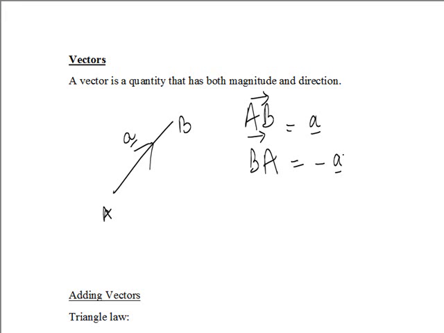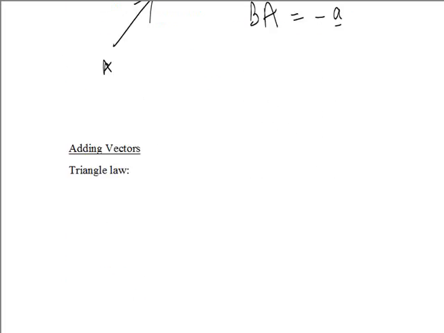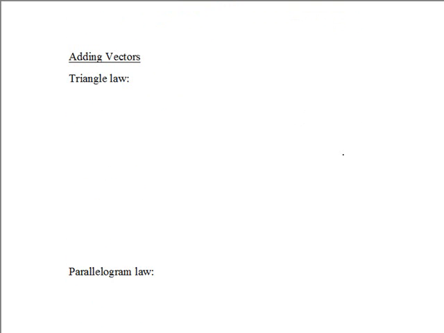Let's add vectors and subtract vectors. We do both of these by using either the triangle law or the parallelogram law. With the triangle law, you form a triangle. With the parallelogram law, you form a parallelogram. So let us look at the triangle law first. Let's draw this: A, B, C. Let's draw that triangle.